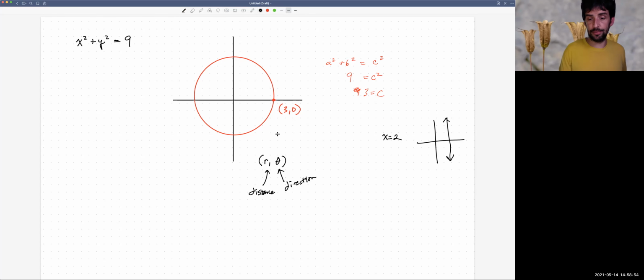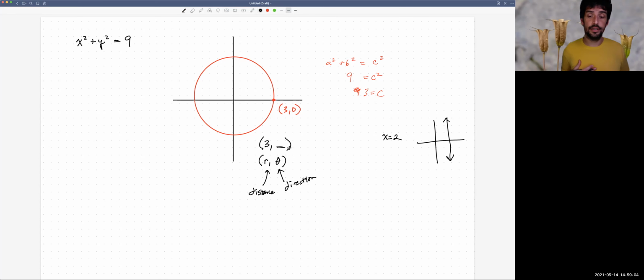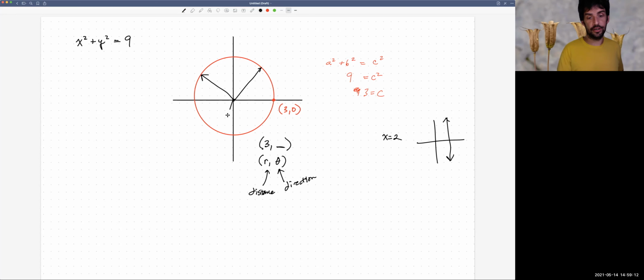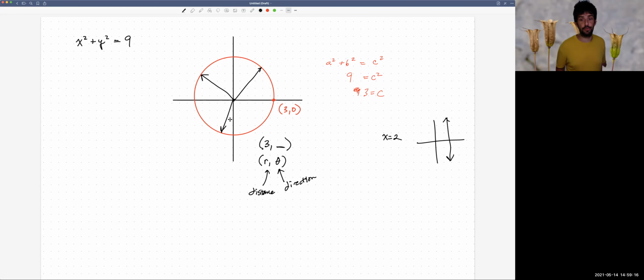So all that has to be true in polar coordinates is that the first coordinate is 3, and theta, the direction coordinate, can be anything, because I don't care if it's pointing here, I don't care if it's pointing here, I don't care if we're pointing here, right? Any direction works as long as it's 3 units away.